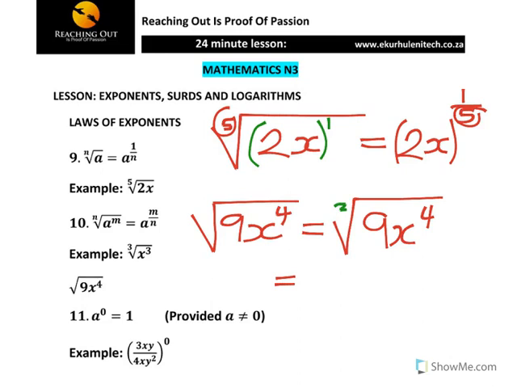Now remember, this is at the bottom, it becomes 9x to the power 4, and then when you do that, remember 2 is the one that is at the bottom, and here 9x to the power 4 all together, because they are all together, there is a 1 representing them. Then this is equal to, then what you're going to have here is 9.